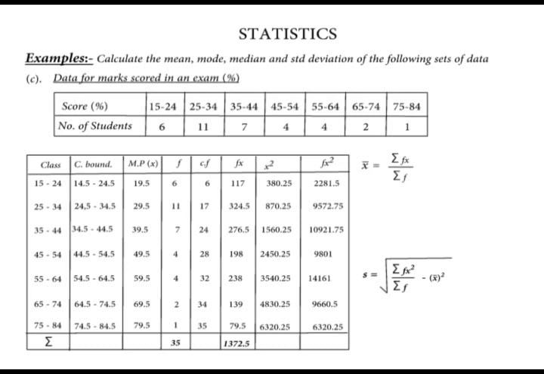The summation of f times x squared will give us 62,718.75.